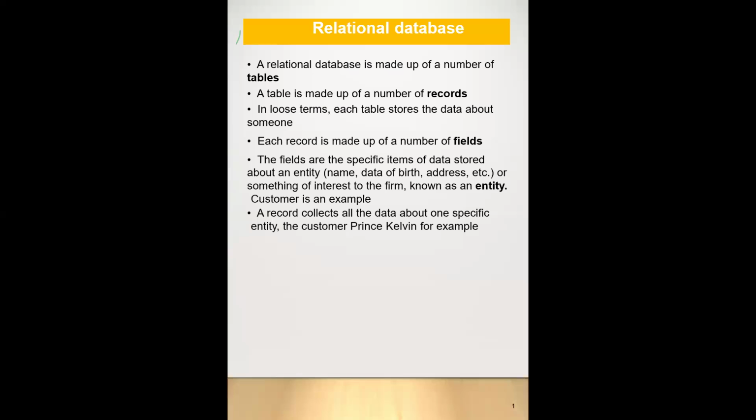So each record is made up of what? Fields. The fields are the specific items of data stored about an entity. A field can be first name, last name, date of birth, address. These are all fields, right? When we combine them, we can have the record of a person. When you are given a form, they ask you to fill this form with your details.